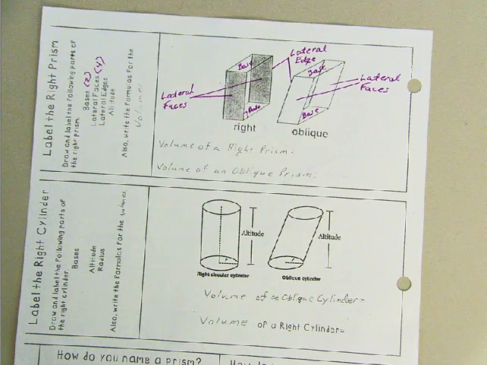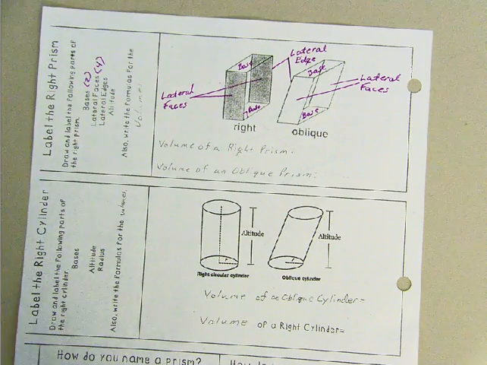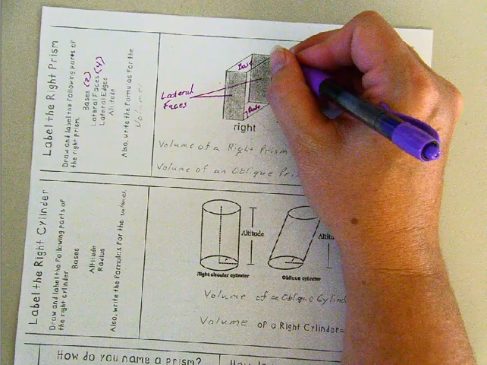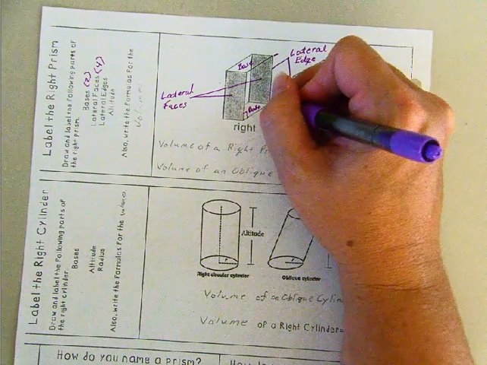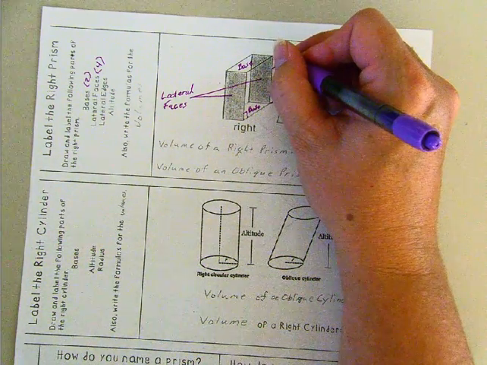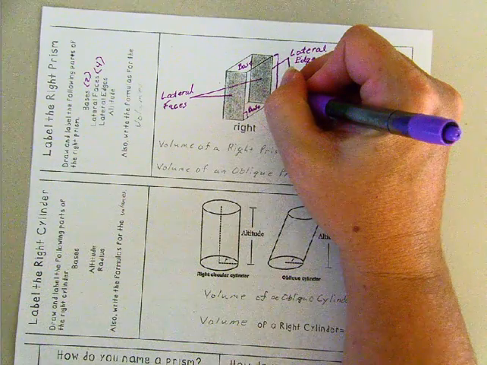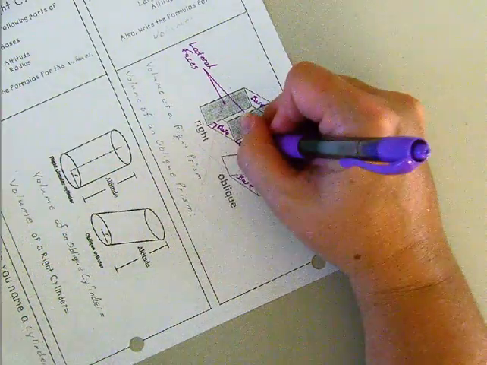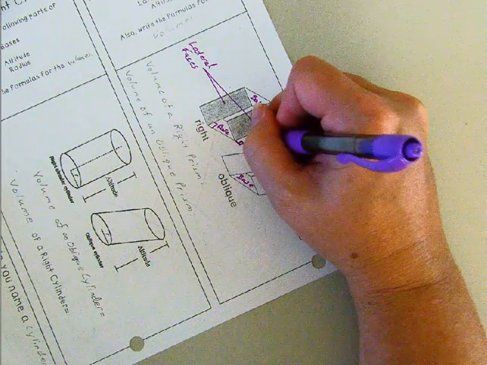So then another one is our altitude. Altitude is the distance from the top to the bottom, and it's perpendicular. I'm going to turn this to the side. Altitude.